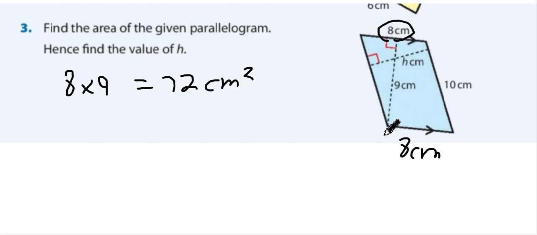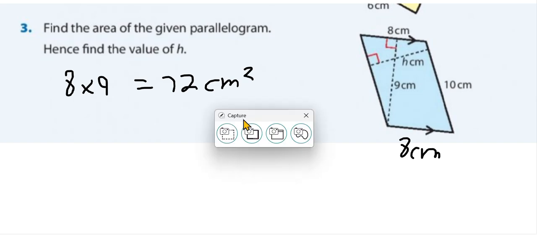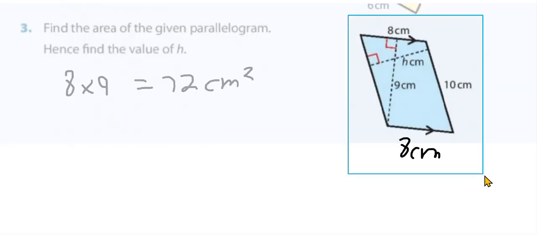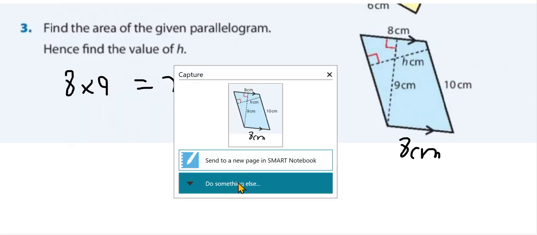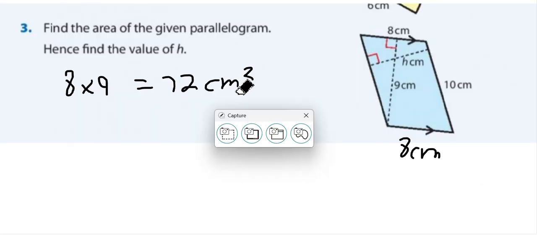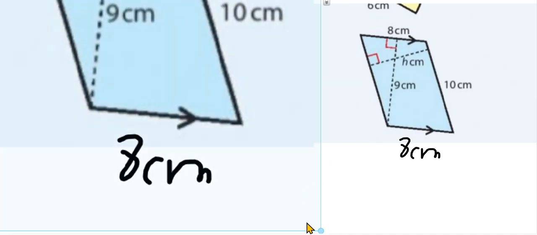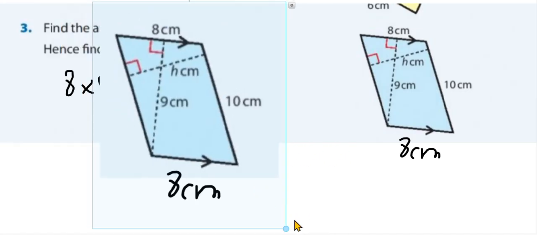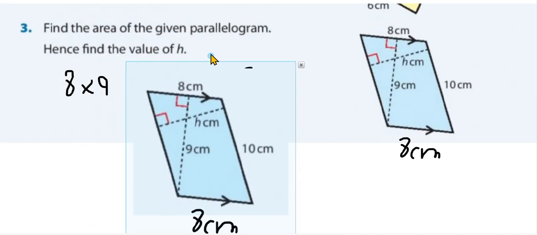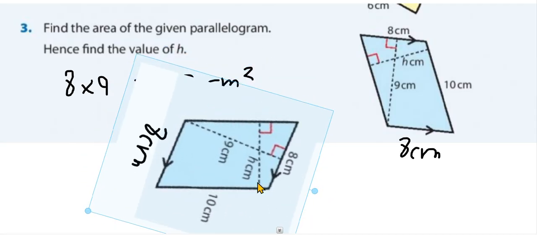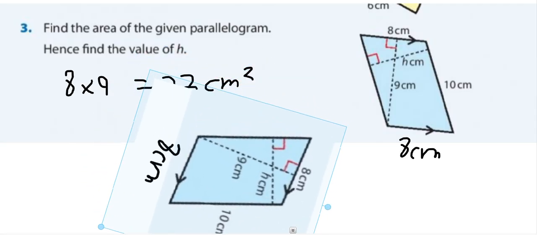But if I turn this around, so if I was to take a picture of this and turn it around, look at this. I'm just going to grab this, and send it to the same page. It's going to be a bit bigger in a second. Okay, there it is. And what I'm going to do is rotate it. Exactly. Now, see the way when I rotate it? What are you noticing now?